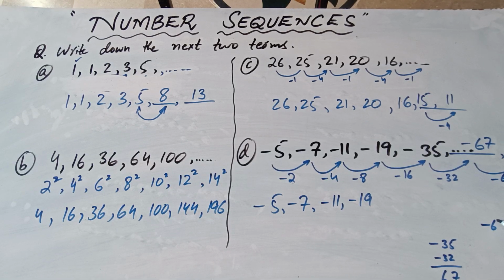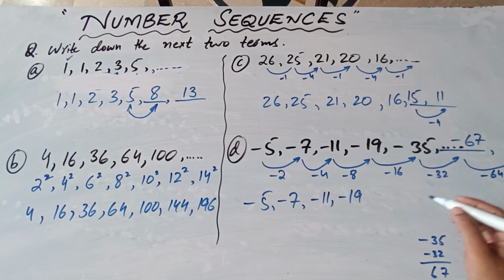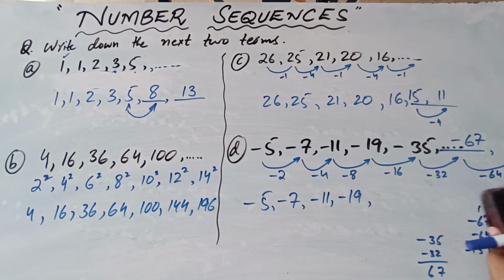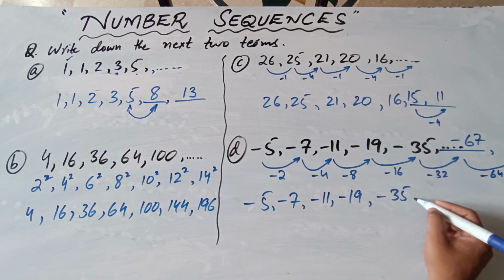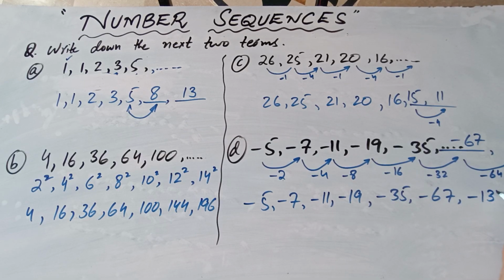It means that minus 67 minus 64 will give us the next term, which would be negative 131. So the next terms would be minus 35, then minus 67, then minus 131.